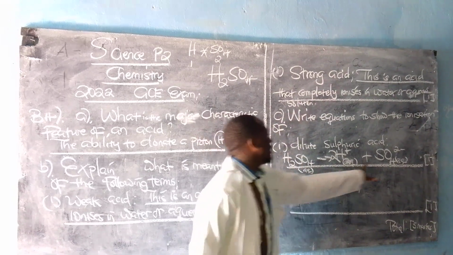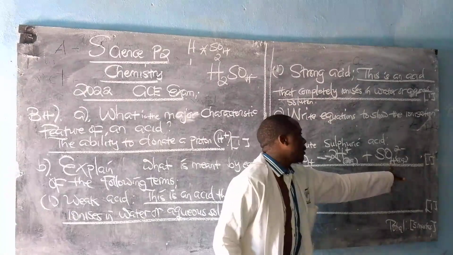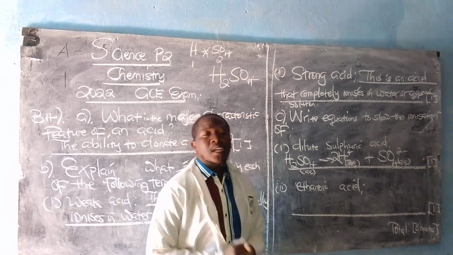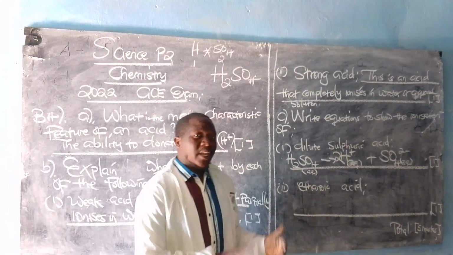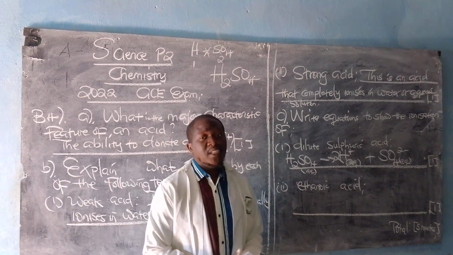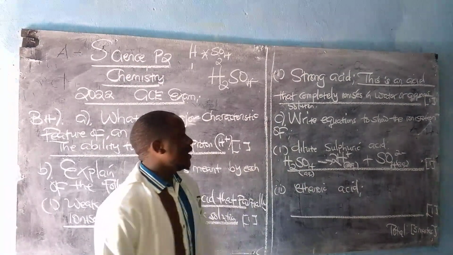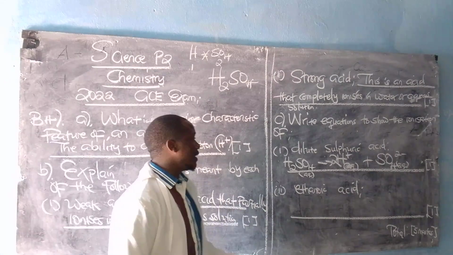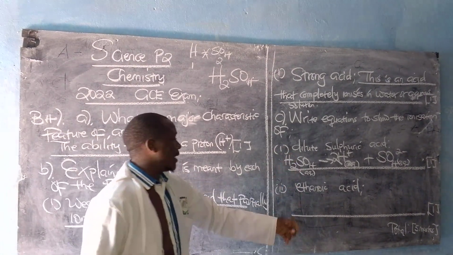Then this is S, that is O with a 4. When a radical is ionized, it can form either a negative charge or a positive charge. In the case of a sulfate, it forms a negative charge. Having done that, it means we have written the equation showing the ionization of dilute sulfuric acid.